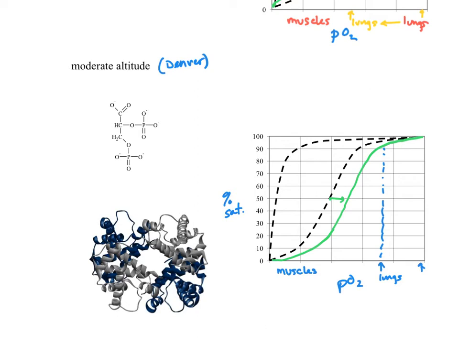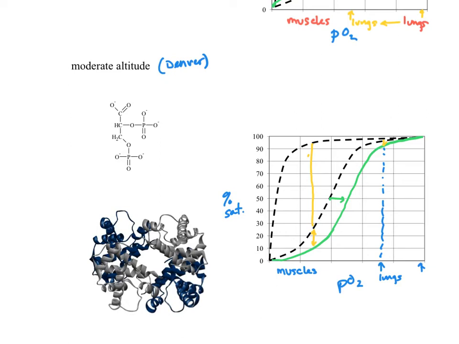Why do we do this? Well, take a look. What happens is we actually lose a little bit of our saturation up there in the lungs. Maybe we go from 98% down to 95% or something like that. That's not too bad. But what happens is in the muscles, we actually get extra delivery of oxygen, and the delivery of oxygen is bigger.